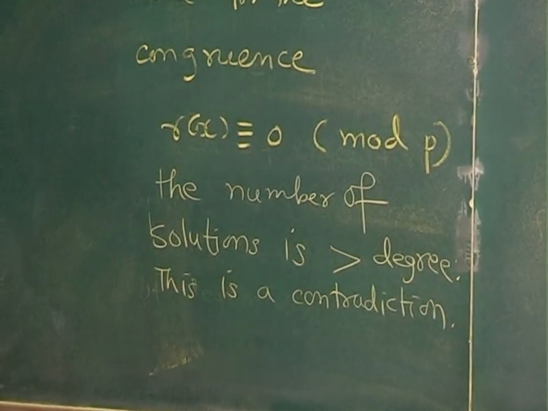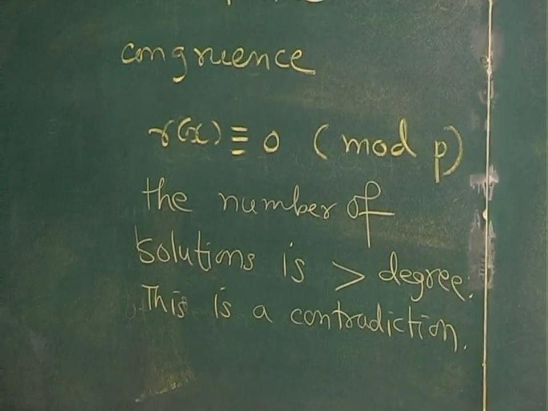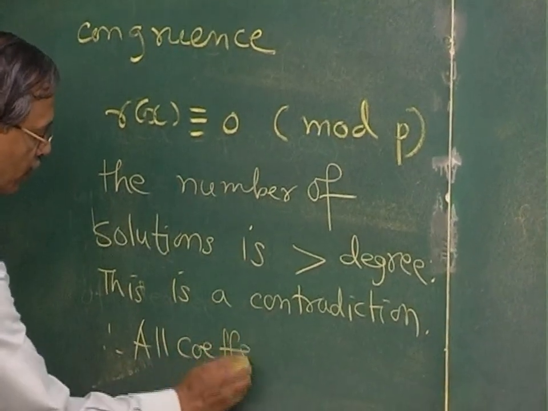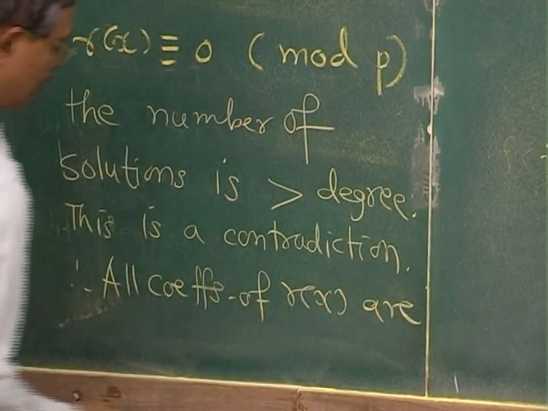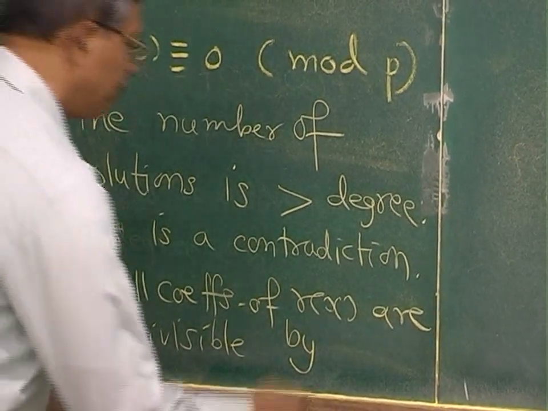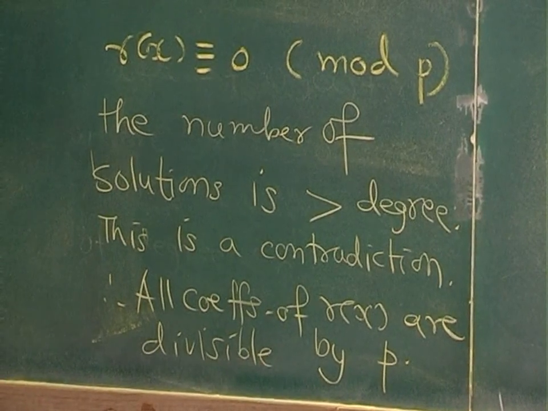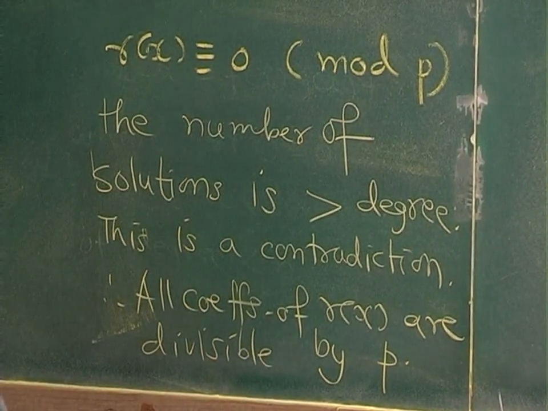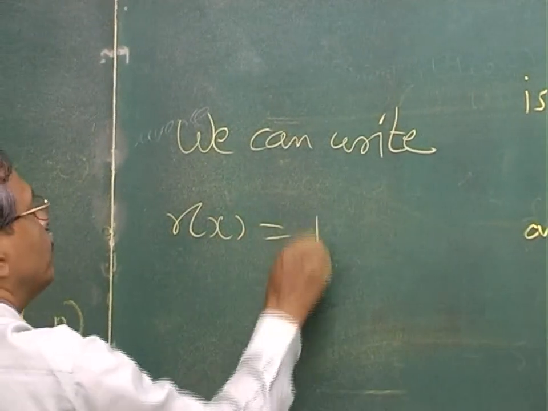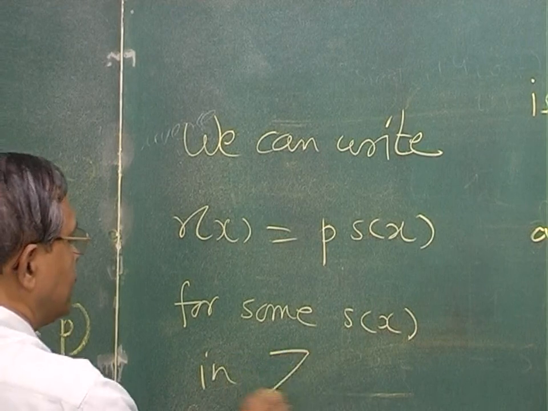Okay, so all coefficients of r(x) are divisible by P. If all coefficients of r(x) are divisible by P, we can write r(x) equal to P times s(x) for some s(x) in Z[x].